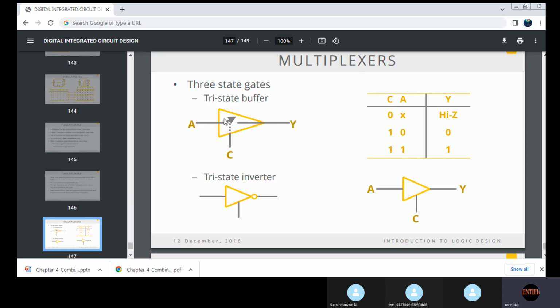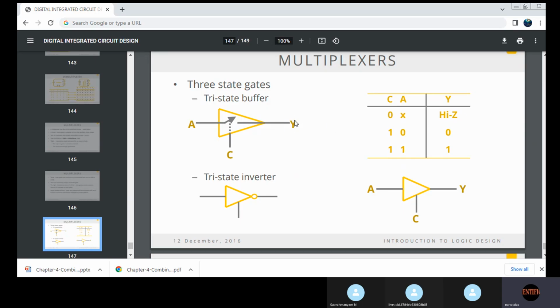Look, here you can see a switch. If this switch is closed, then Y will be equal to A. Okay, if this switch is open, then Y will be equal to 0. But here what is happening is, I have given C equal to 0, and A is equal to X. So Y will go to what? High impedance state.